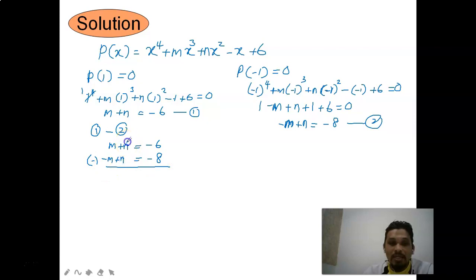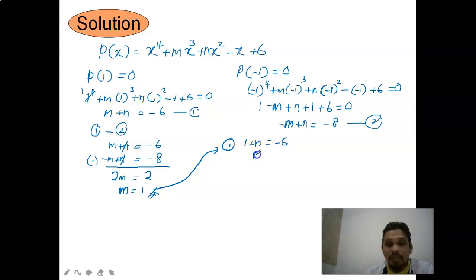So n minus n is 0, and m, negative times negative becomes positive, so 2m equals negative 6 plus 8, which is 2. Then m equals 1. So then substitute m equal to 1 into equation 1: 1 plus n equals negative 6. Then n equals negative 7.